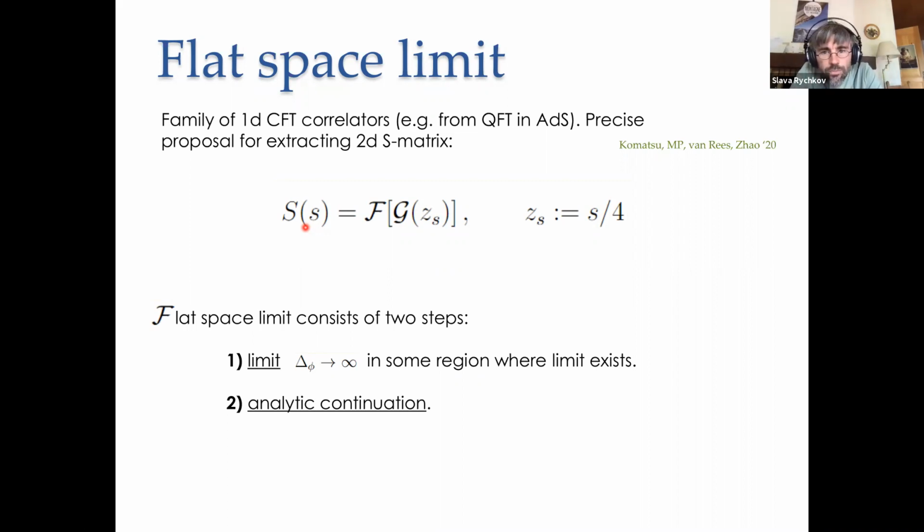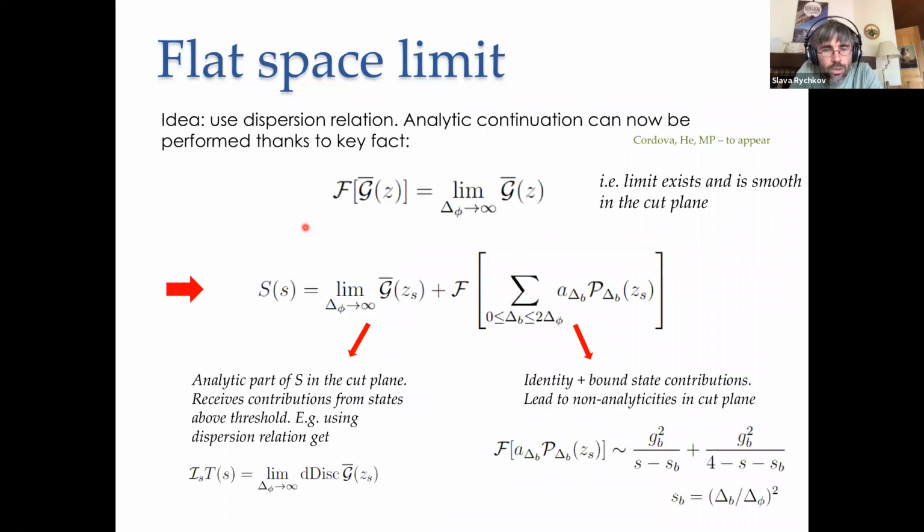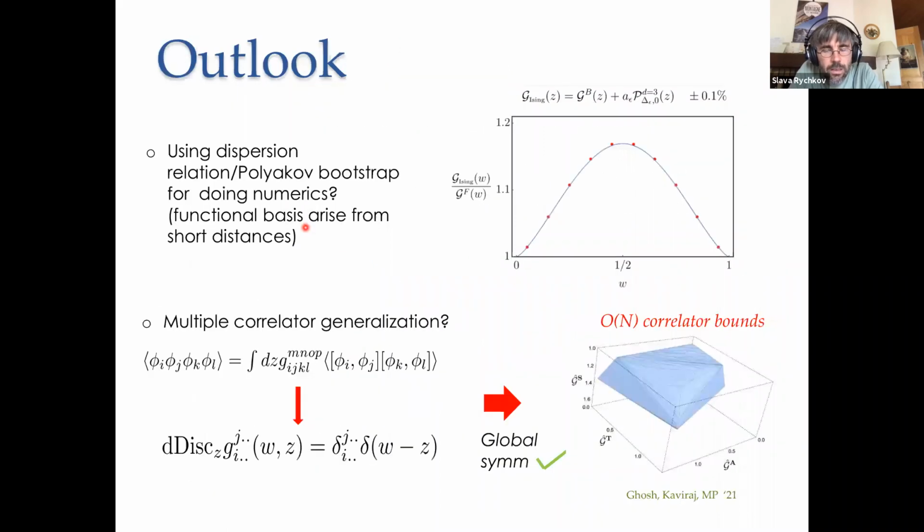Further questions? I have a question about this numerics comment that you made in the end. So you had earlier proposals to use these functionals, not just this Polyakov Bootstrap, but more specifically this basis of functionals alpha n and beta n to do numerics.